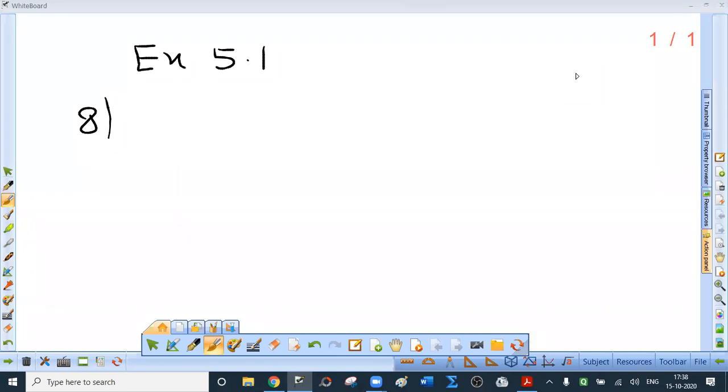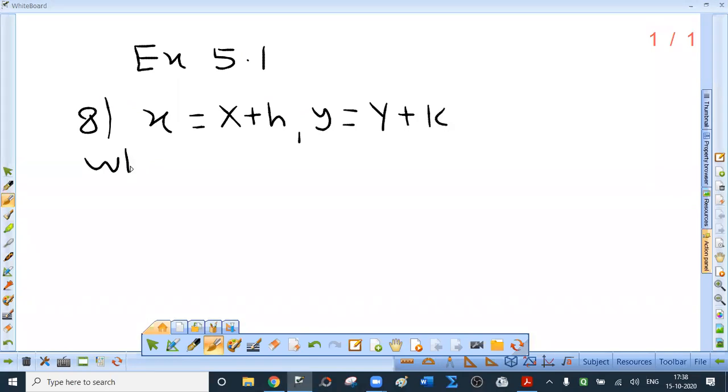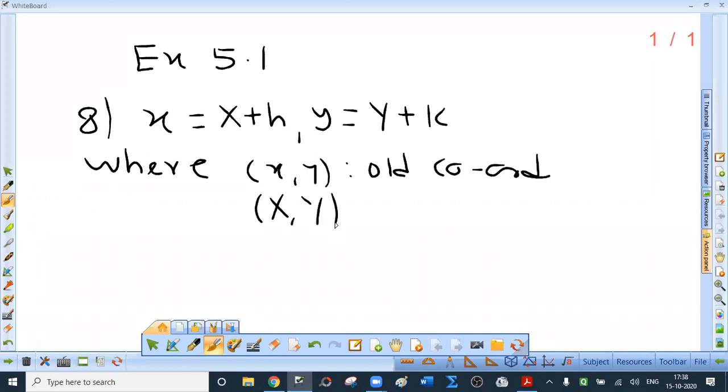Shift of origin formulae are small x equal to capital X plus h, small y equal to capital Y plus k, and you should explain where small x, y are old coordinates, capital X, capital Y are new coordinates, and h, k is the shifted origin.